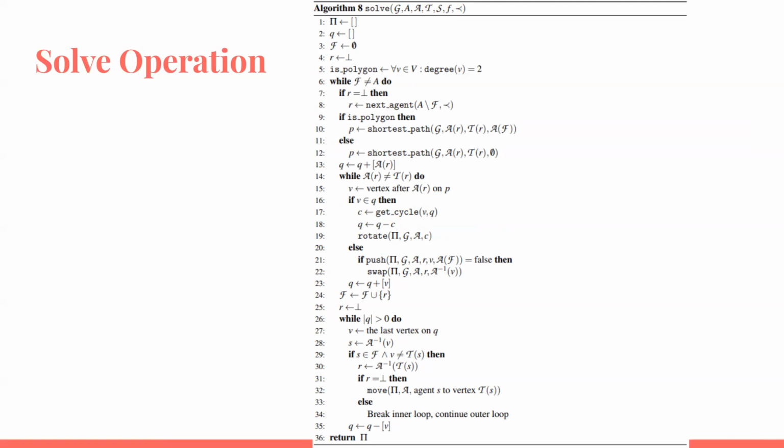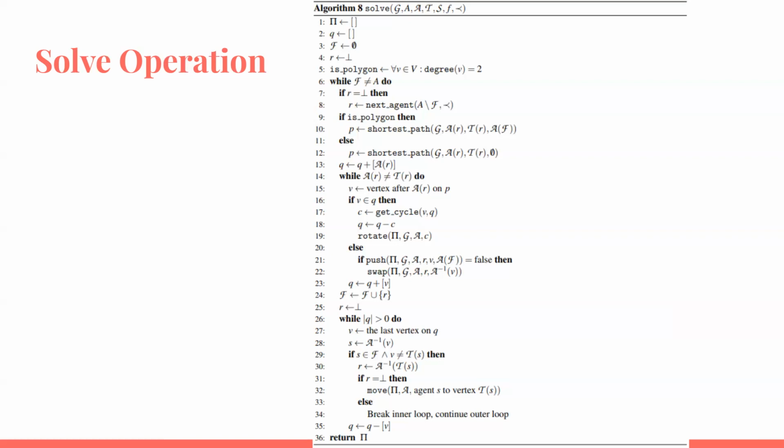So push is always tried first because that's our cheapest. We want push to work as much as we can, because if push fails, swap, like I mentioned, is the most expensive operation performed. So if push fails, swap will work. And there is a proof in the article about that.